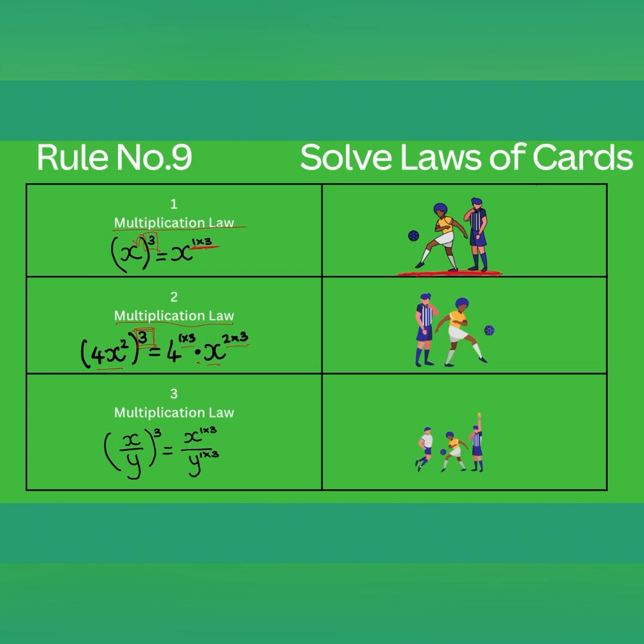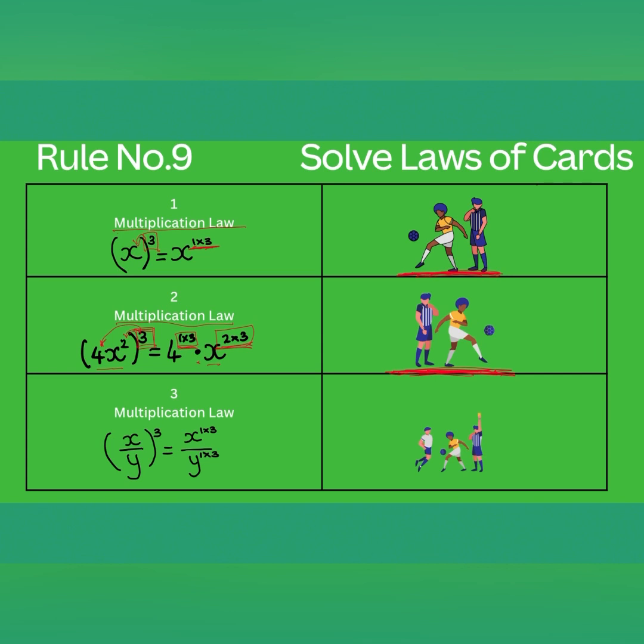The ref's card multiplies the invisible 1 for the 4 inside and multiplies the 2 for the x inside. And that's why we have the 1 times 3 shown here and the 2 times 3 shown here. So once again, the ref blows his whistle and issues out the card, and this card will multiply the player's medals. So it multiplies the player's jersey medal and the player's name medals.